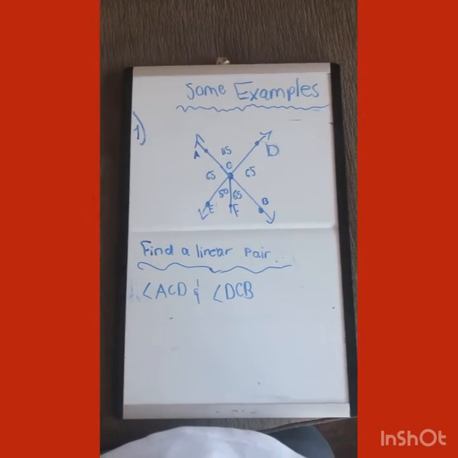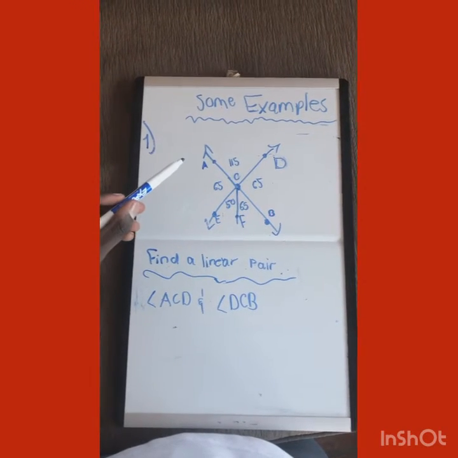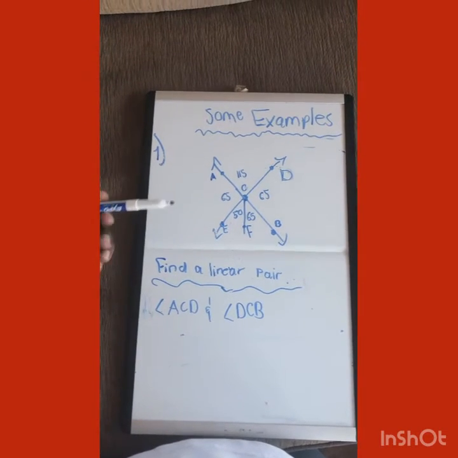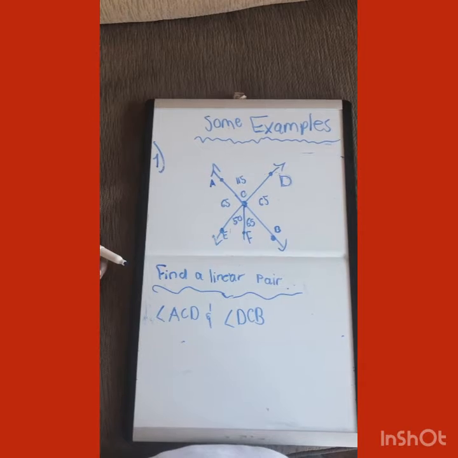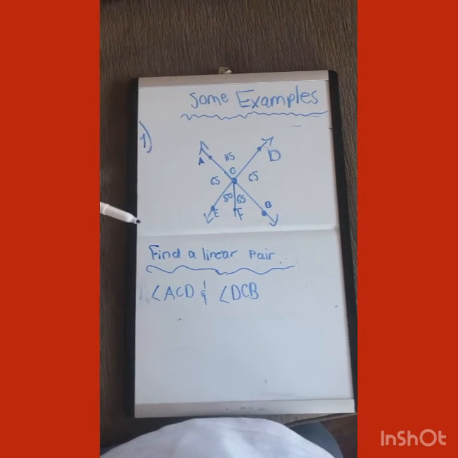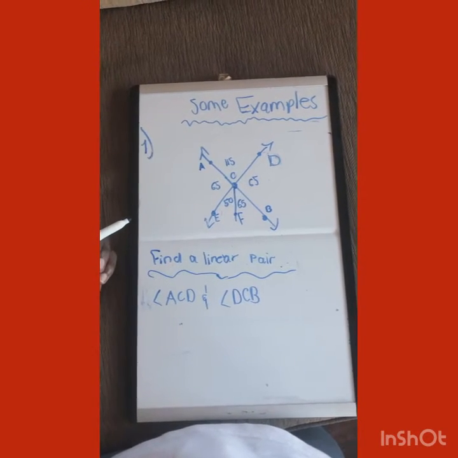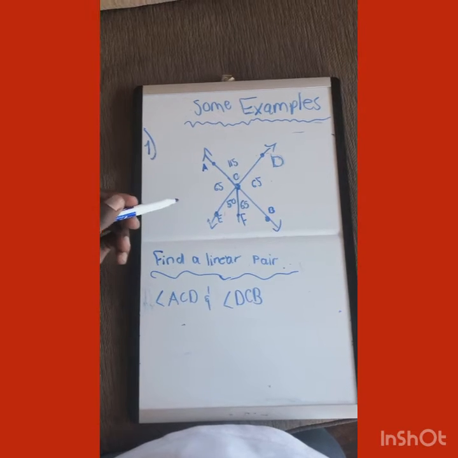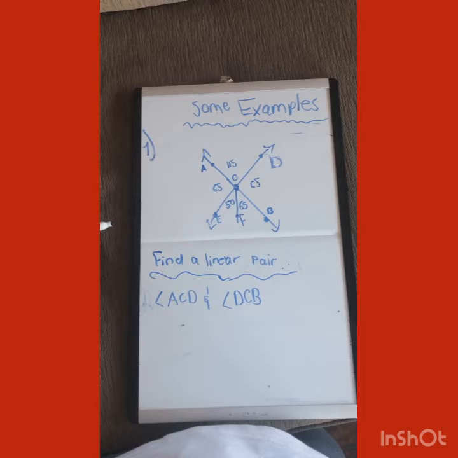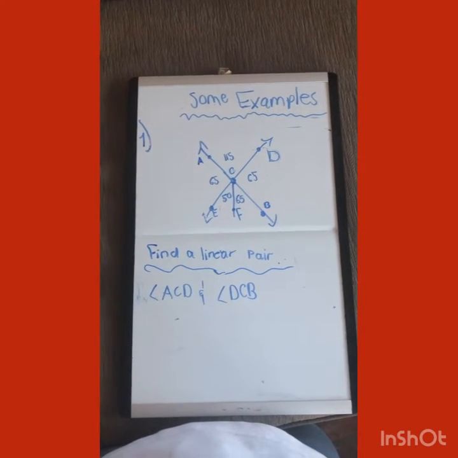And there are certainly others you could put down, like you could say ACE and ACD are a linear pair because they also equal 180, because angle ACE is 65 and ACD is 115, so that also equals 180. So you don't have to stick to just one answer, but this was just my example.